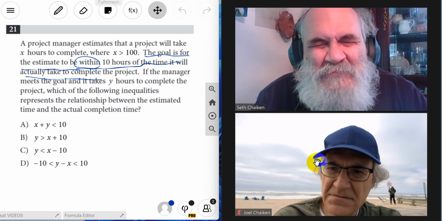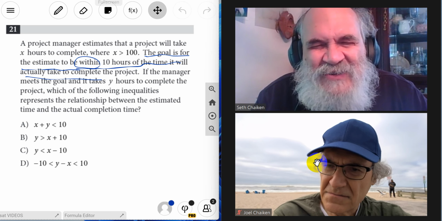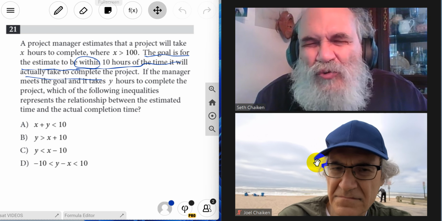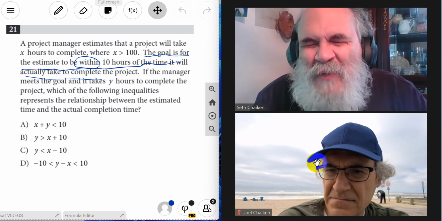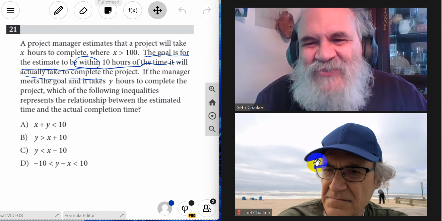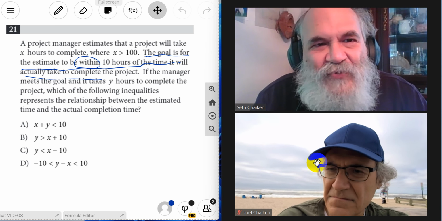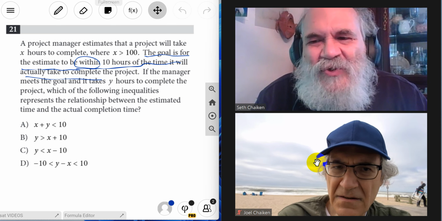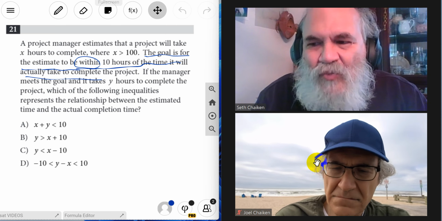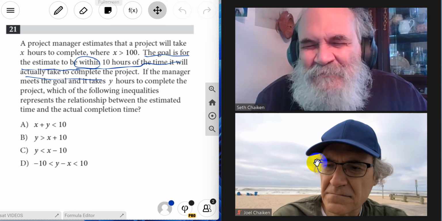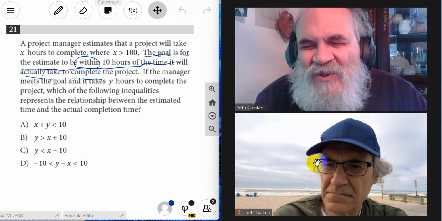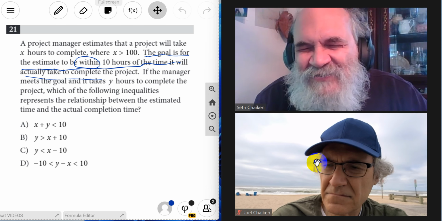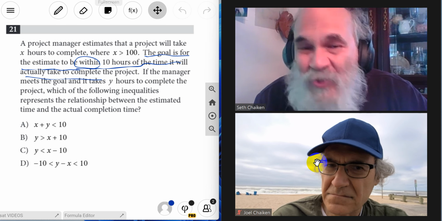Within 10 hours means that the time it actually takes might be longer, but no longer than 10 hours, or it might be shorter, but no shorter than 10 hours. Therefore, the goal must be expressed by two inequalities. One says that the estimate is no more than 10 hours larger, and it also says that the estimate is no less than 10 hours smaller.